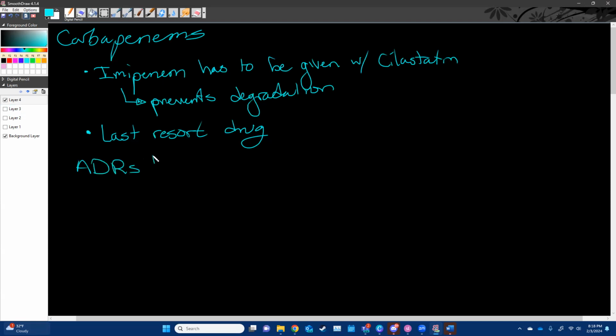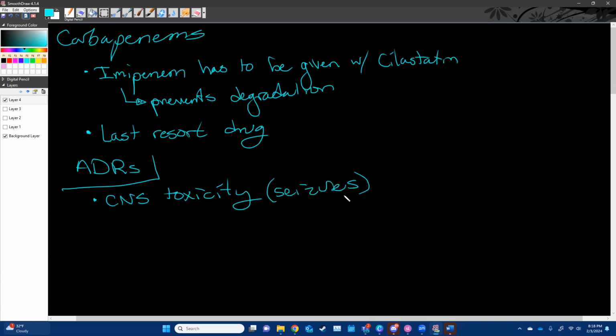Some of the ADRs that we should be aware of is lots of CNS toxicity. So again, seizures, especially when we have renal dysfunction. Highest risk is with imipenem. Lowest risk is with meropenem.